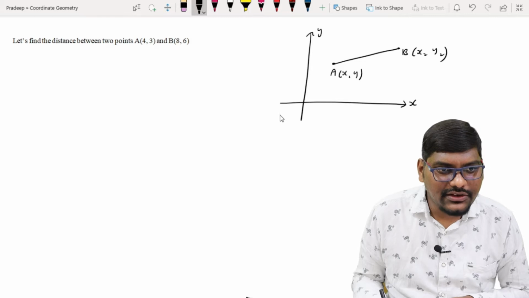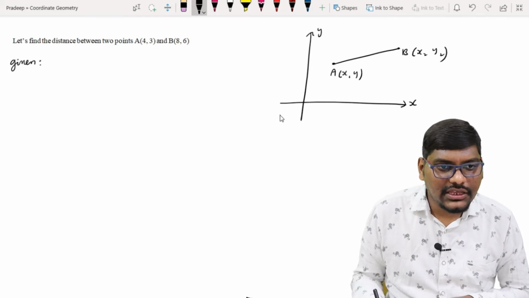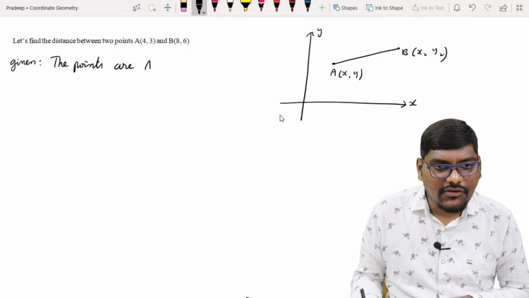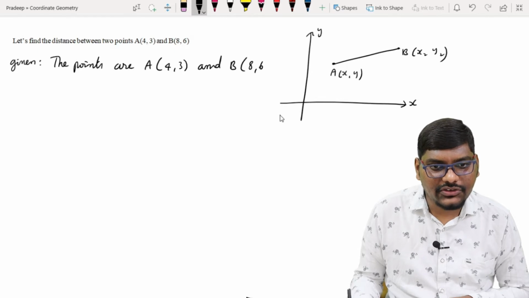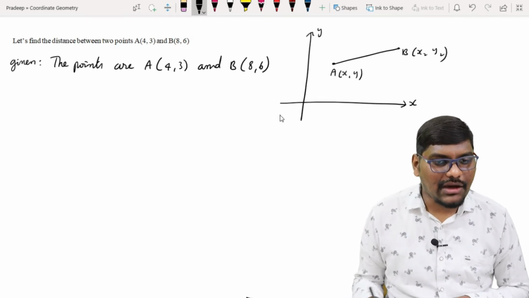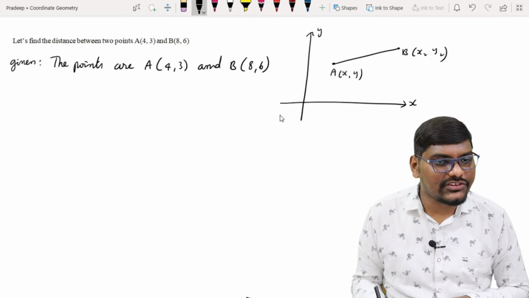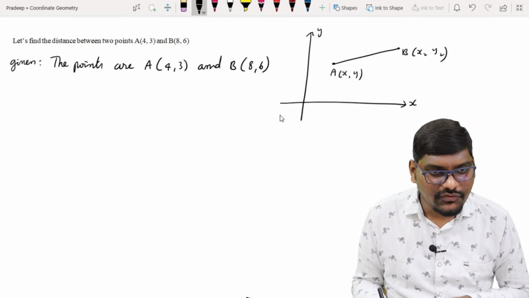First, I'll write the given. The given points are A (4, 3) and the other point is B (8, 6). We'll compare these points with x1 y1 and x2 y2 of the distance between 2 points formula.